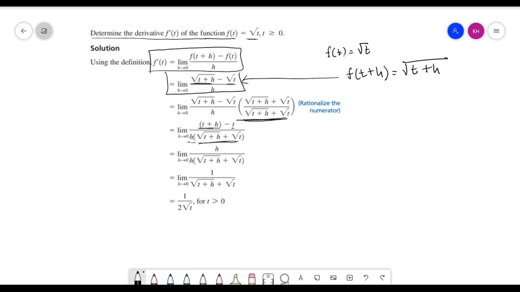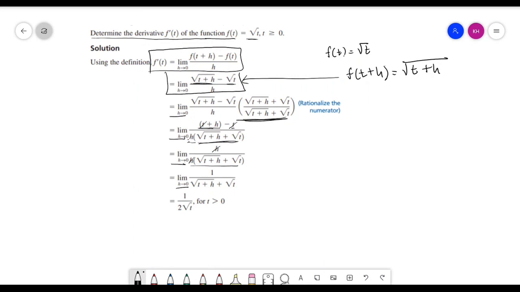And then we can simplify it further. We can cancel out the t to get h over this, and then we can also cancel out the h to get 1 over square root t plus h plus square root t. And not to mention, there is limit of h going to 0 all through.